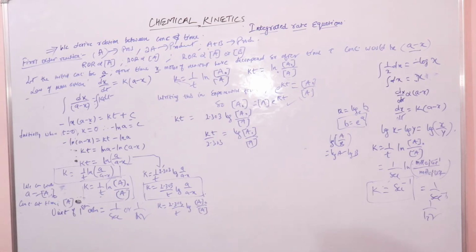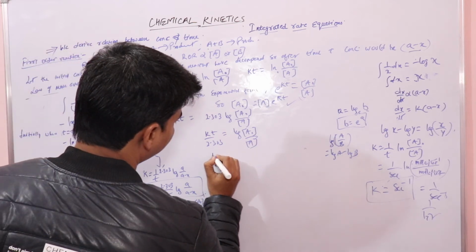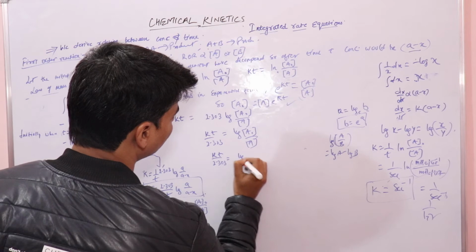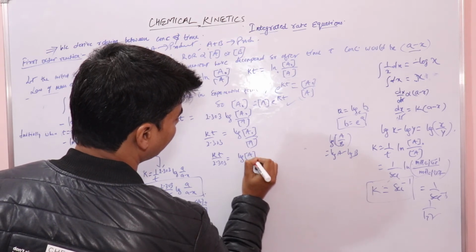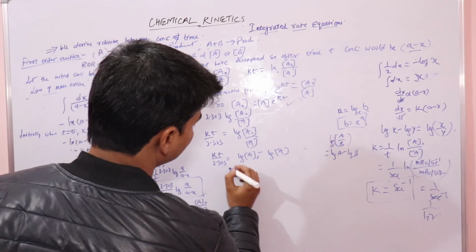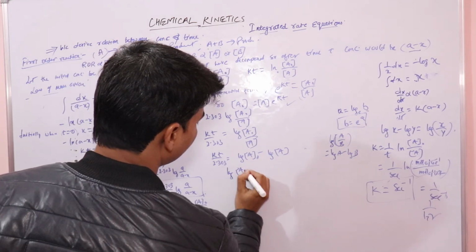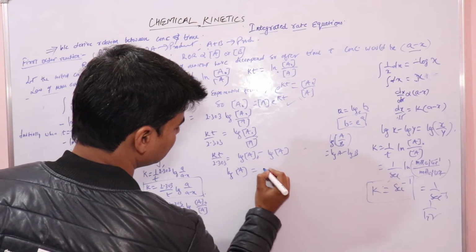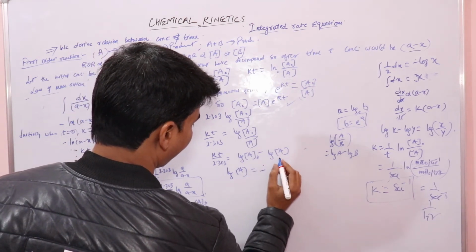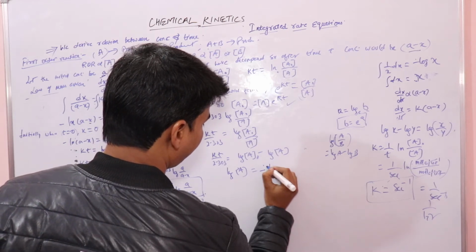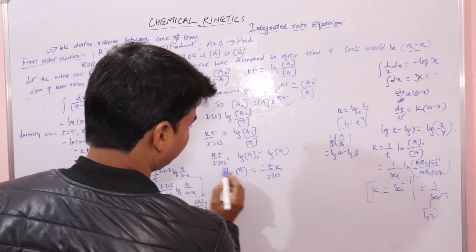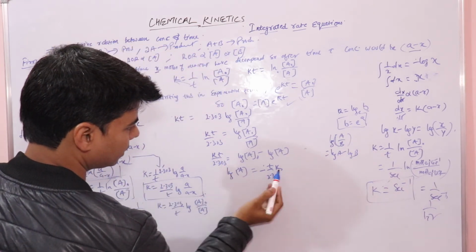Right, so we'll write it as kt upon 2.303 is equal to log A0 minus log A. Right, so log A, since this is variable A, is equal to minus kt upon 2.303, plus log A0. I'm just writing it like this.